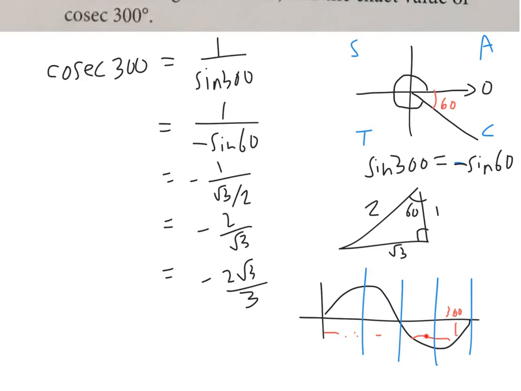So if we go across, that value there is going to be the same as this value here, only it's going to be negative. So there's 60 degrees. And that gives the answer root 3 over 2. So because we're looking for sine of 300 degrees, it's also going to be root 3 over 2, but it's negative. That's what the CAST diagram does succinctly for you.